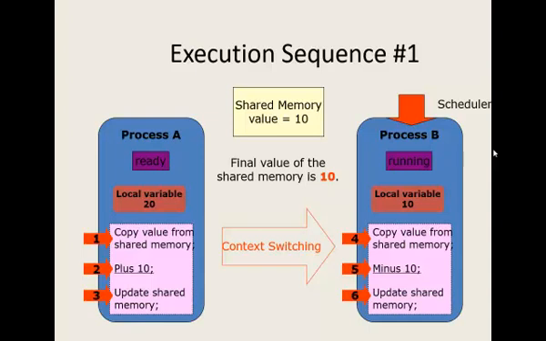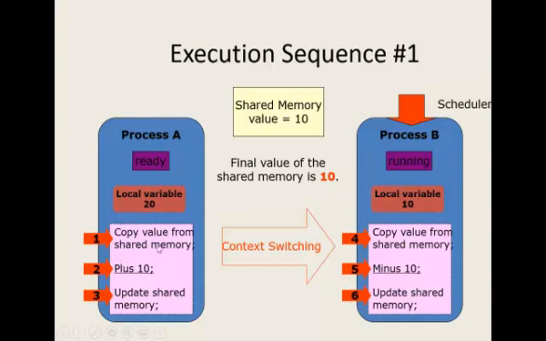In this example, what is the critical region? The critical region is copying the shared variable into the process, doing the operation, and updating. You can see it highlighted in pink in this example.